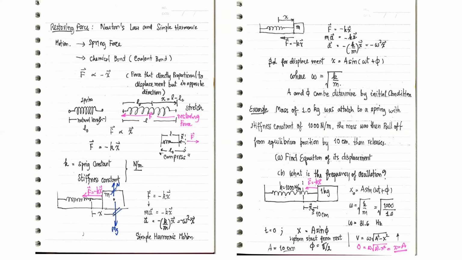They found that for a simple harmonic oscillation, the displacement of an object is either a sine or a cosine function. According to that, the velocity and the acceleration are either a sine or a cosine with a 90 degree phase difference.